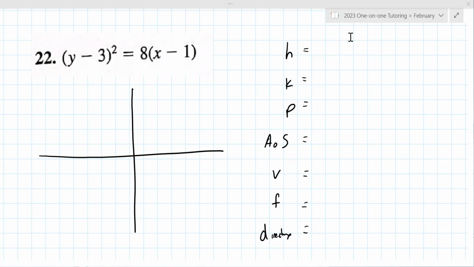Okay. I have everything except the directrix and the graph. Okay, yeah, keep going. We've got plenty of time. Unless you want me to check you now.